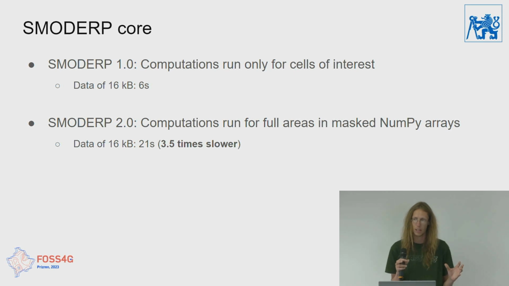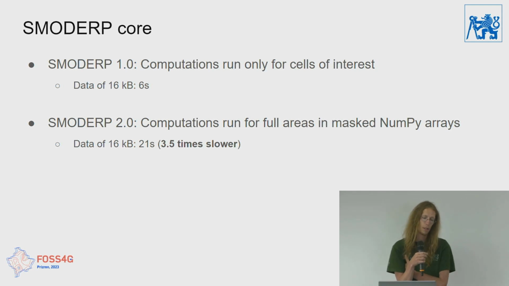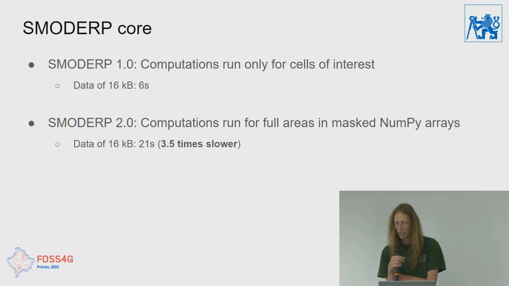So in the catchment, you don't probably need to run the computation for every cell there, because for some of them there is no runoff or no rain or something. So it was running only on these cells of interest.